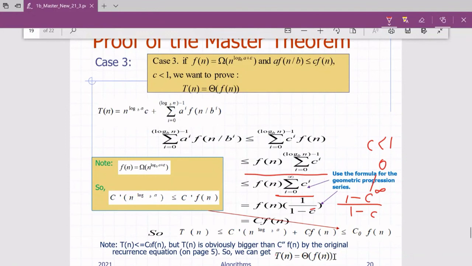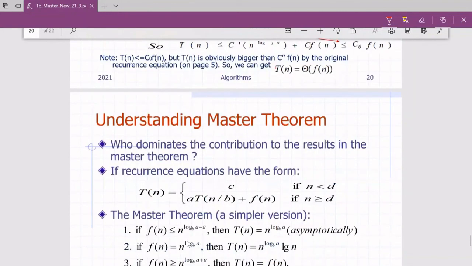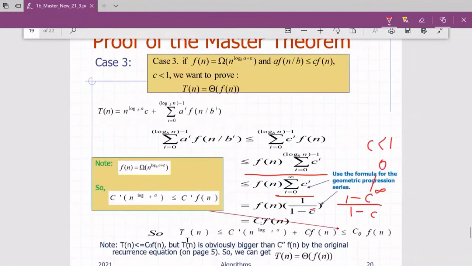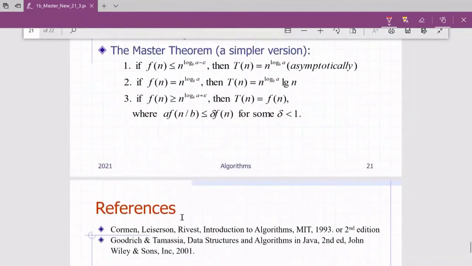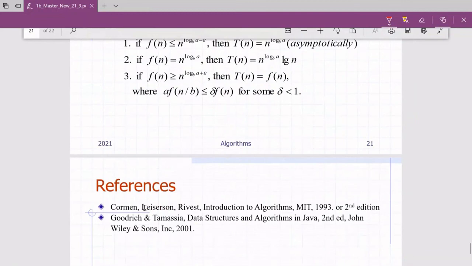I have put the equation, the reason here. That is the end of the proof. And the reference you can get is Introduction to Algorithms, also Data Structures and Algorithms in Java.